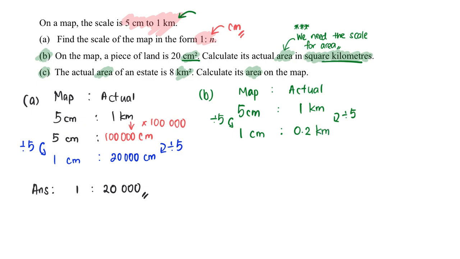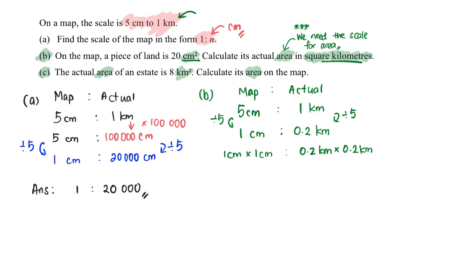And now is the time for us to square both sides, meaning that I will have 1 cm times 1 cm, 0.2 kilometer times 0.2 kilometer.